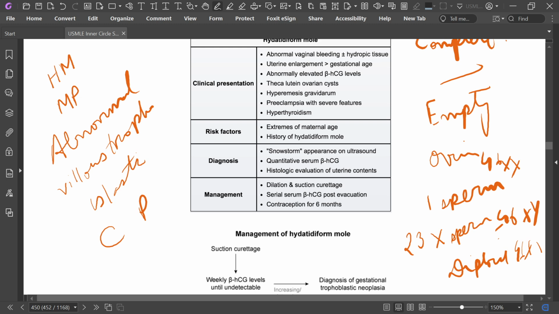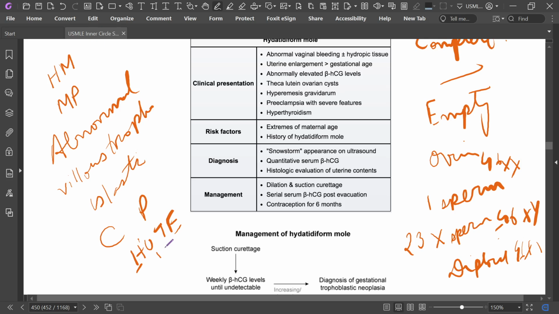In a complete mole, the abnormally high beta-hCG level results in a classic presentation: a markedly elevated beta-hCG level leads to the HOTE. What does it mean? Abnormally high beta-hCG causes hyperemesis gravidarum. If there is hyperemesis gravidarum, think it may be hydatidiform mole.